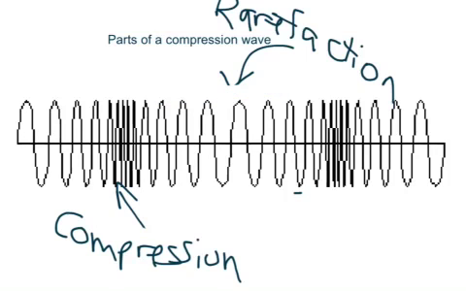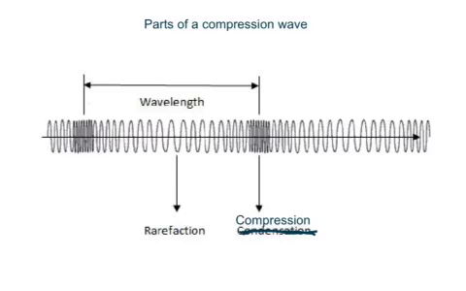And if you want to see how long this wave is, you usually measure between compression and compression. So between where you see a compression over to the other compression, right down here, you would have your wavelength. So let's see that in a picture.